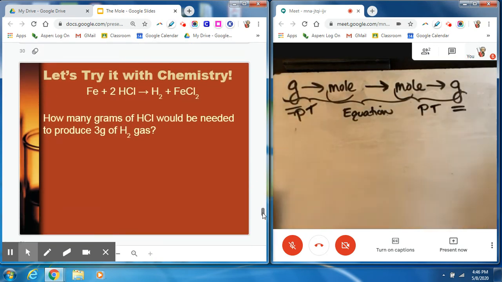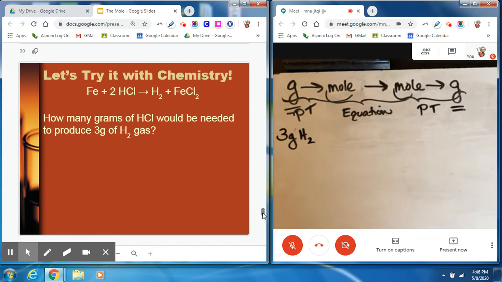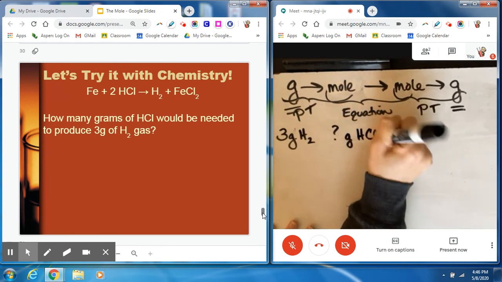All right. So let's imagine that we had a reaction in which iron reacted with hydrochloric acid to produce hydrogen gas and iron chloride. How many grams of HCl would be needed to produce 3 grams of hydrogen gas? So now we need to collect some information. First of all, we know that we are going to use a quantity of 3 grams of hydrogen, right? What we are trying to figure out is how many grams of HCl that would produce.